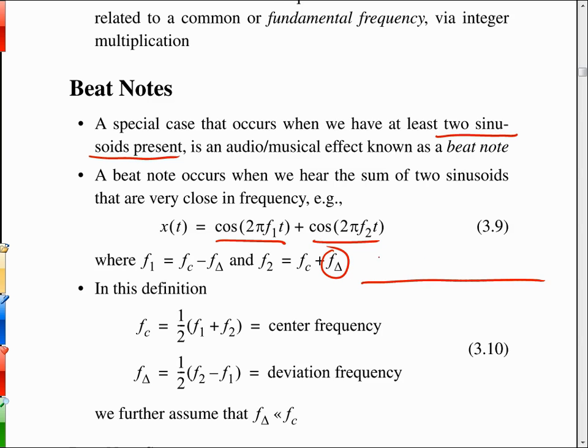So if we're thinking back to our spectral plot here, we're going to have a spectral line at F naught minus F delta, and then a spectral line at F naught plus F delta. I'm just showing the positive frequency axis now. So the separation in between the 2 is F delta. And then average frequency or center frequency is the average between F1 and F2.